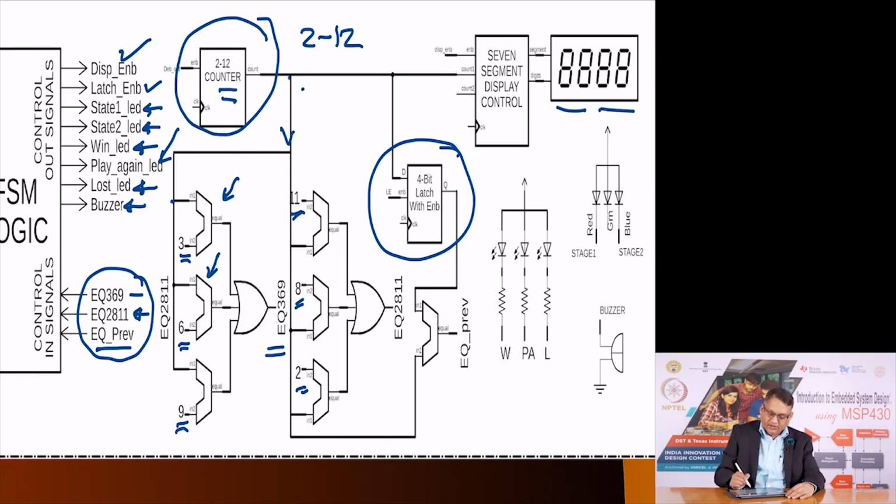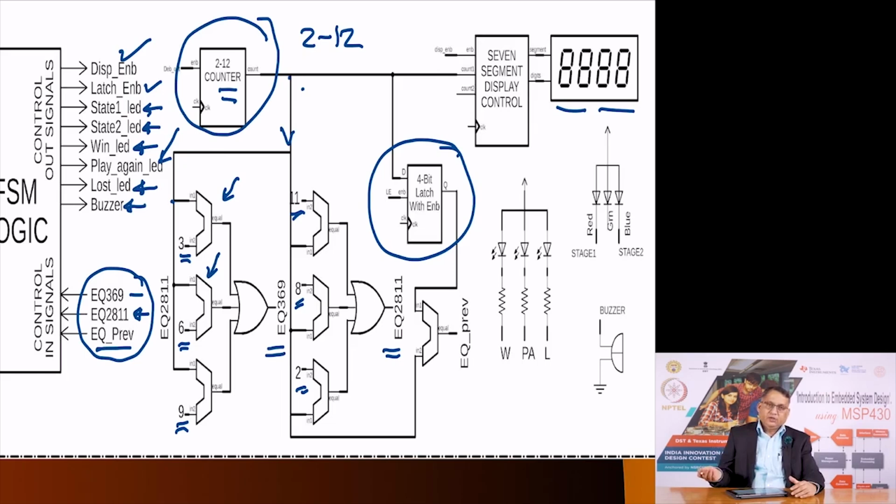If the OR of these 3 comparators is 1, that indicates that your number was either 2, 8 or 11, and again this signal goes to the finite state machine to indicate the result of this roll of the dice, and for it to take appropriate action.